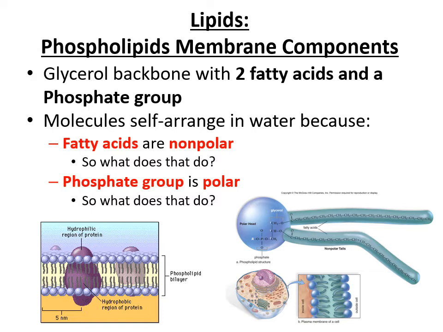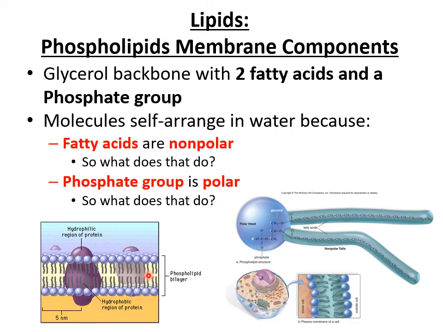Whereas fatty acids that are nonpolar, what are they? They're hydrophobic. They're scared of the water. They don't like the water. They want to be far away from it, right? Hidden away. So that's why you get these plasma membranes that are this double layer, this phospholipid bilayer, which you see here, where all of the polar phosphate groups are on the outsides that are exposed, touching water.